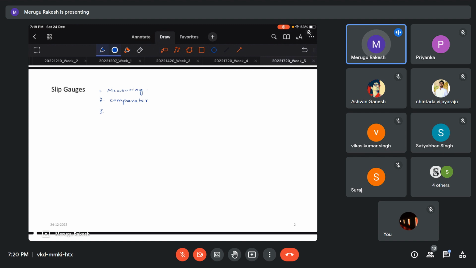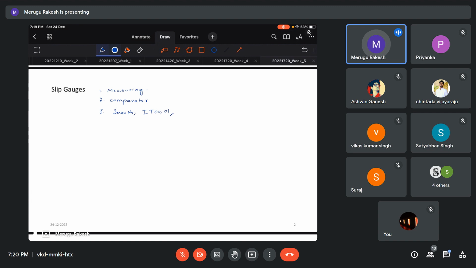Anything on the preparation of these slip gauges? What material do we use? How will the surface finish be for this? It has a smooth surface finish. Okay. So if you remember the 0.001 or 0.01, that's the tolerance we use for these slip gauges.